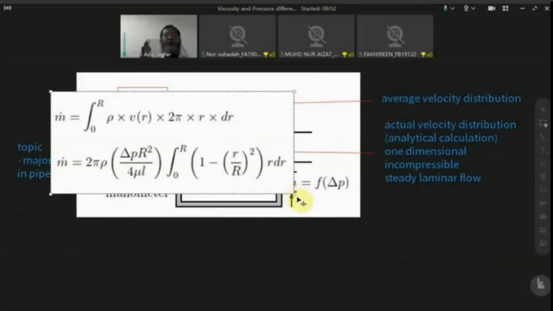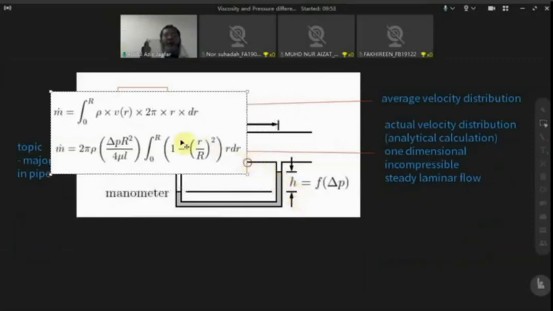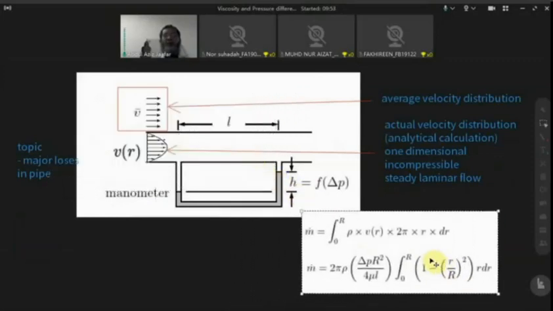Now, in quiz 1B, the question that you need to answer is to calculate the mass flow rate.